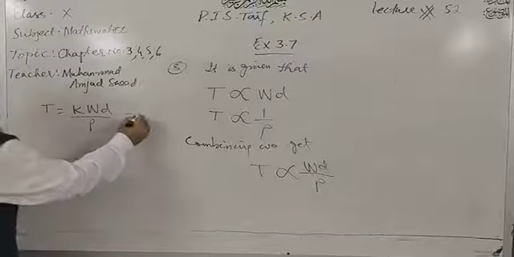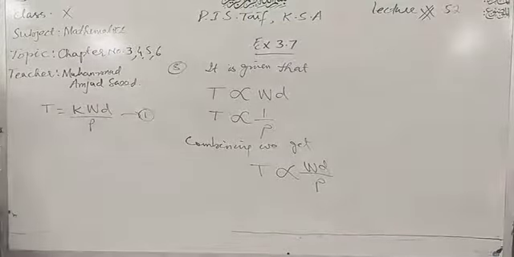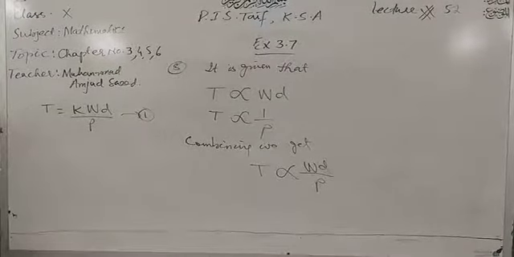That is your equation number 1. Dear students, you can apply the values in this equation number 1 to find the value of k. First, you will be given p, w, d and t, a set of 4 values, to find the value of k.